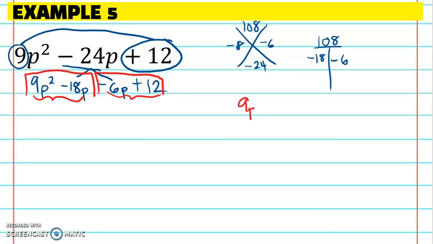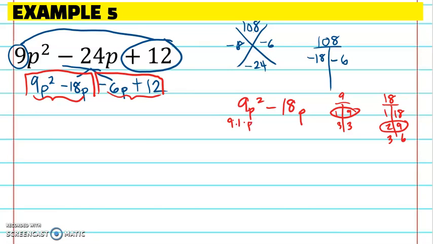So I have 9p squared minus 18p. If you need to, you can create the table, whatever is going to help you be successful. I'm going to see, hey, there's the 9. So 9 times 1 times p times p, and then I have 9 times negative 2 times p.